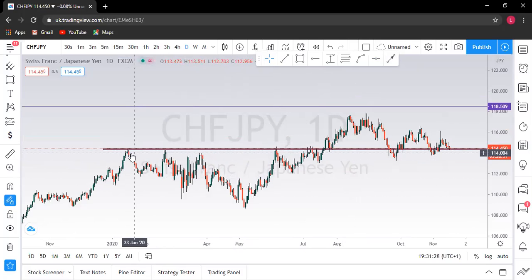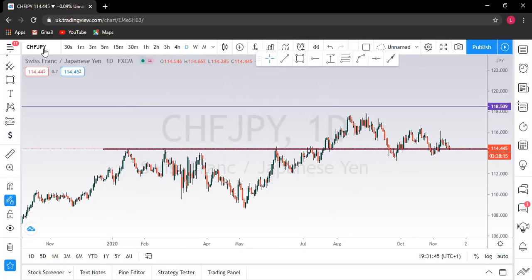Can you see the market respected it on the daily time frame? We have one, two, three, four. Then the market finally broke it, then came back for a retest. Can you see the retest here?